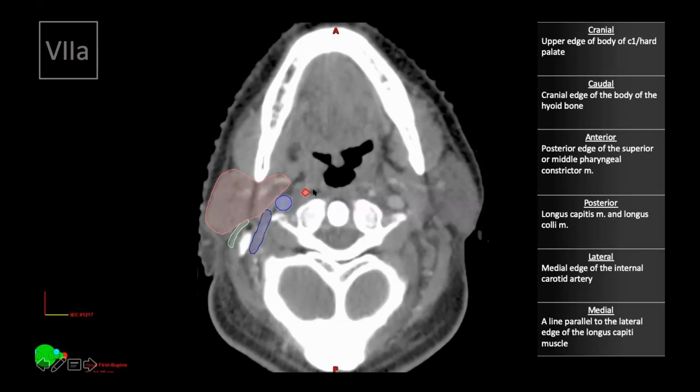Medially, like we already mentioned, it has to extend all the way up to the line parallel to the lateral edge of the longus colli muscle. However, it's very difficult to usually follow this, because sometimes the lateral edge of the longus colli muscle lies lateral to the carotid artery. So it's not possible to have a lateral border here and a medial border that's lateral to it.